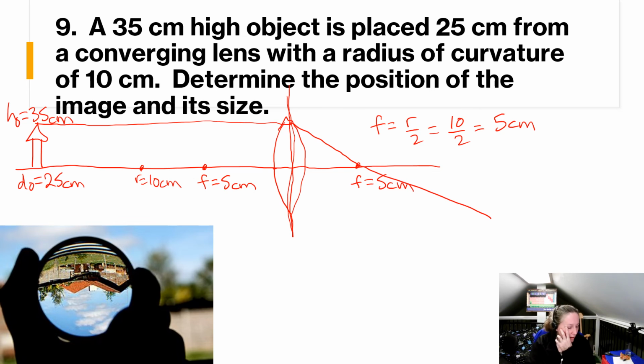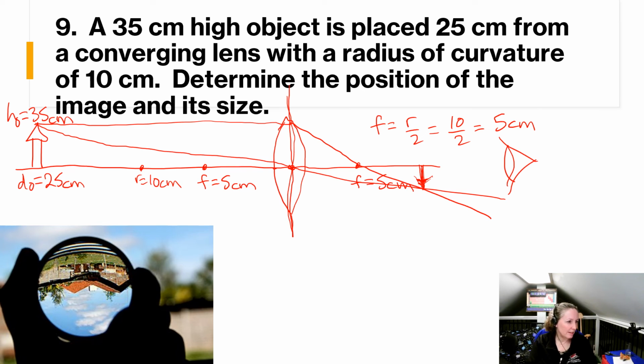So there's our one part. Now our other part, we're going to go right through the middle of the lens, so we're going to try to get fairly straight. You can see I don't have great drawing at this point, but that's okay. So now we have our eye on this side.